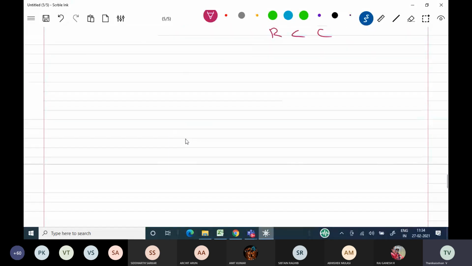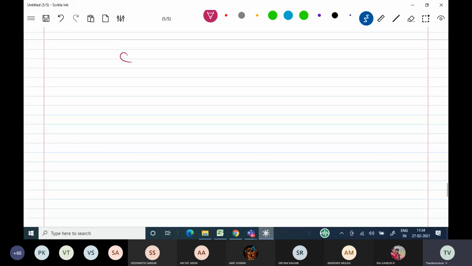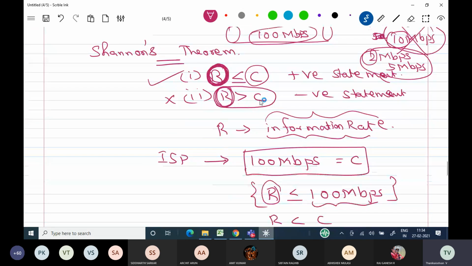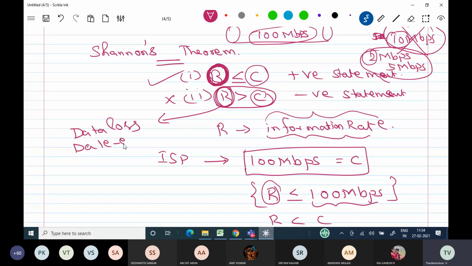Now we will go for channel capacity. One more thing I'll conclude here. If R is greater than C, practically not possible, but if the channel carries more information than this, definitely there will be data loss and the data will be affected by error.